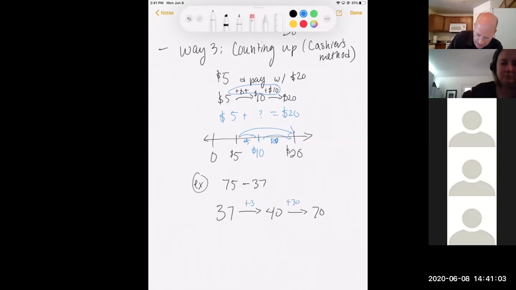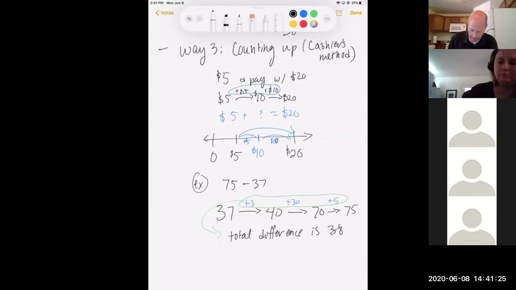Then from 70, I can go to 75, so I add on 5. This whole thing is the difference. I add those up and get that the total difference is 38. So that's counting up.